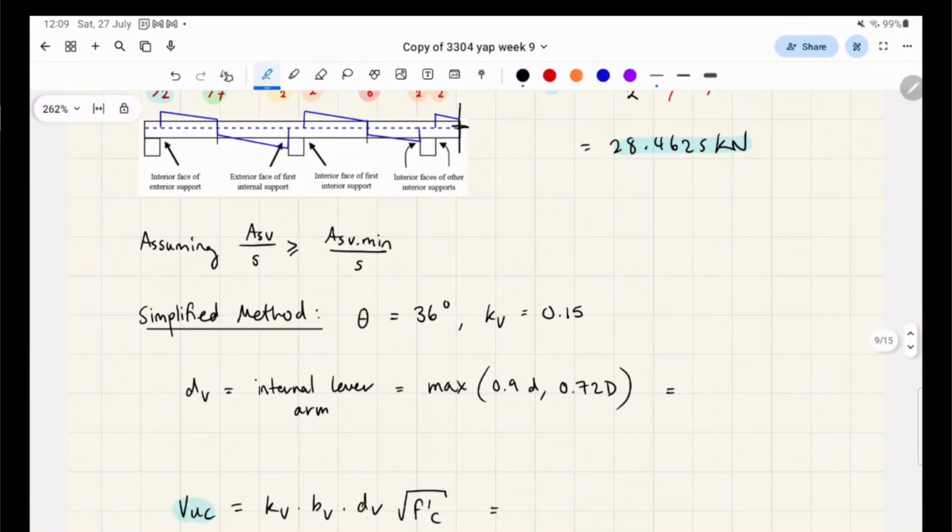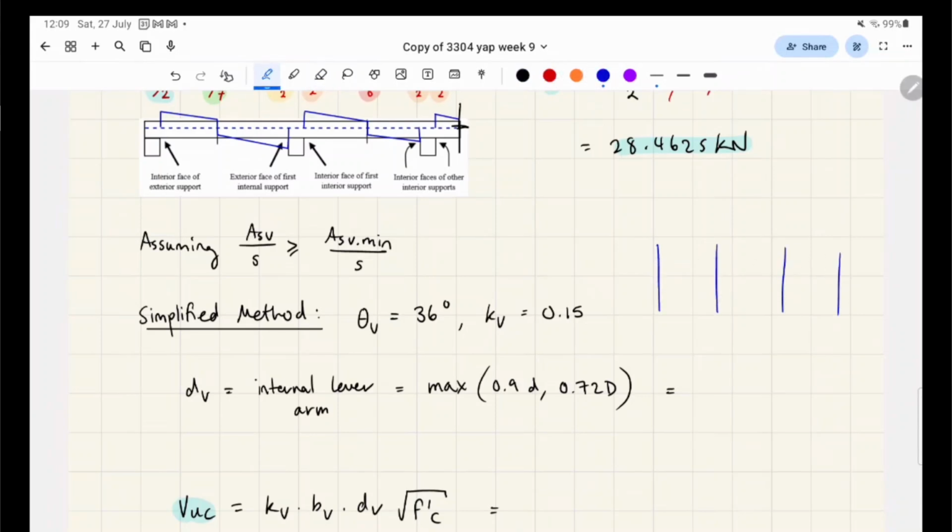And we're going to use a simplified method as well, where we just take the angle, theta V, as 36 degrees.